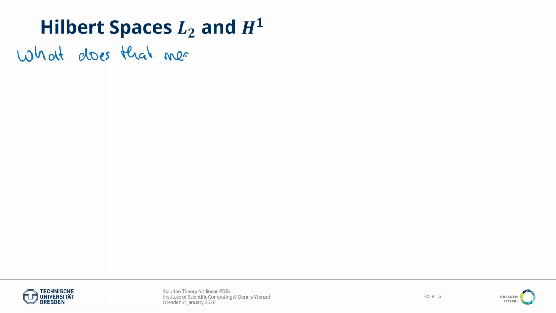A Hilbert space is a space that is equipped with some scalar product. The existence of a scalar product on a certain space is crucial to be able to call something a Hilbert space.